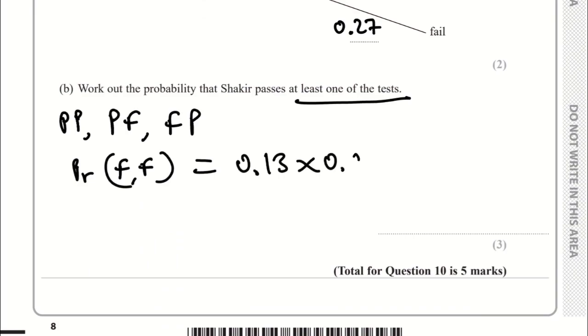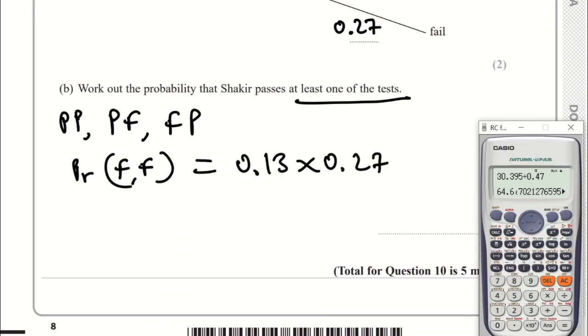Let's get a calculator and multiply that. 0.13 times 0.27. That's 0.0351.